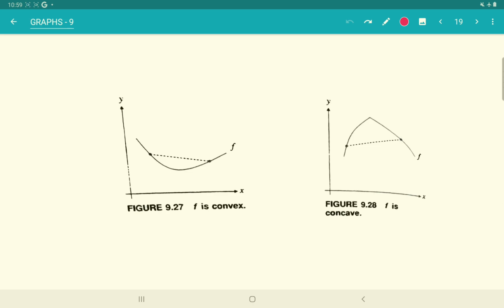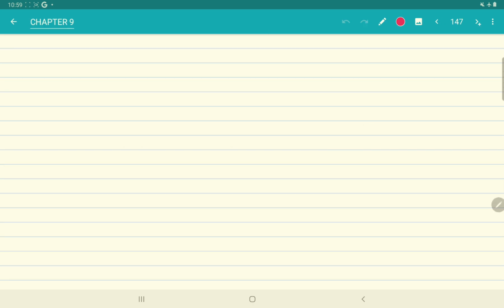Now we would like to give an algebraic formulation of this definition. This is too intuitive. We still have to formalize it. For that, let's take up an interval a to b, wherein a and b are inclusive, they are included in that interval, and we have a less than b.